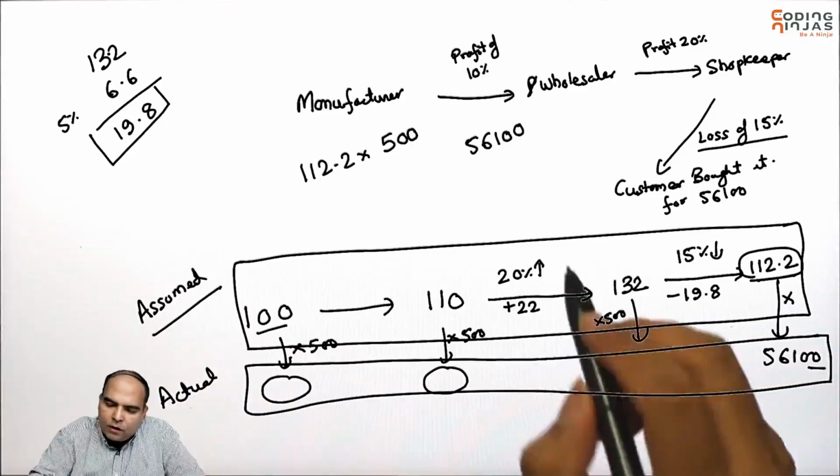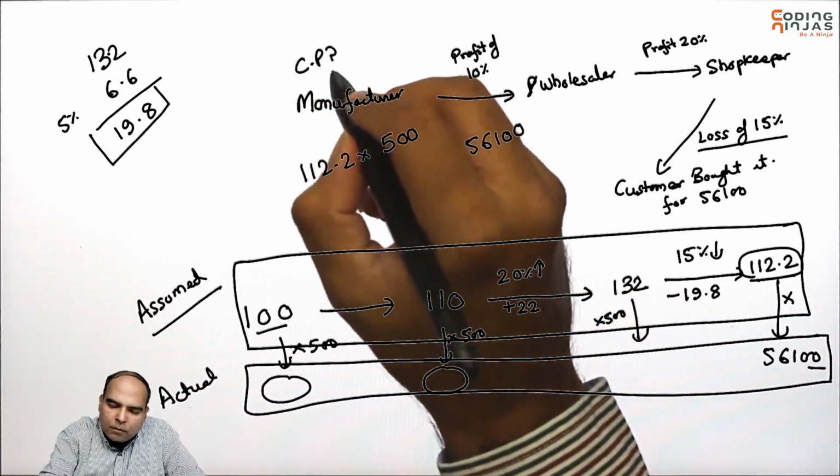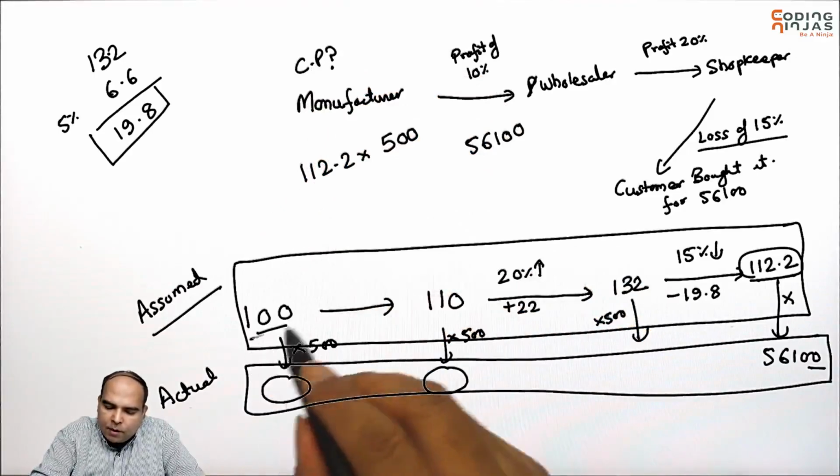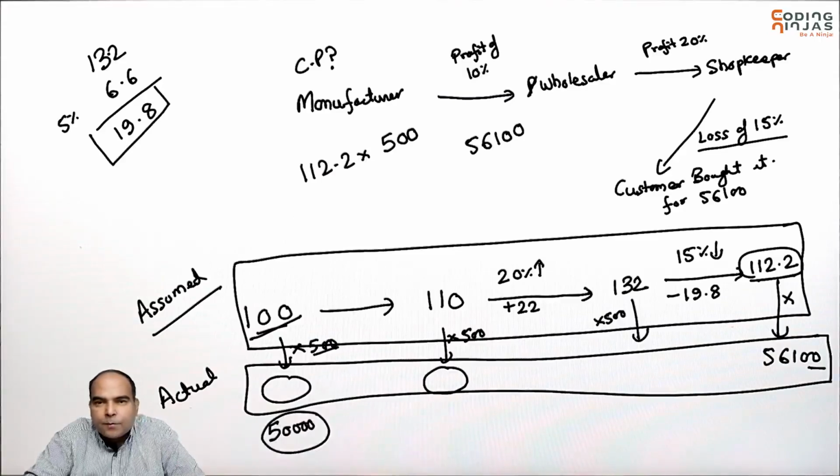If I asked you the cost price of the manufacturer, you'll simply multiply 100 by 500 to get 50,000. So this is one kind of question slightly different from what we have already seen: the percentage question, the successive markup question, the discount question, the successive discount question, and the other questions from the previous lesson.